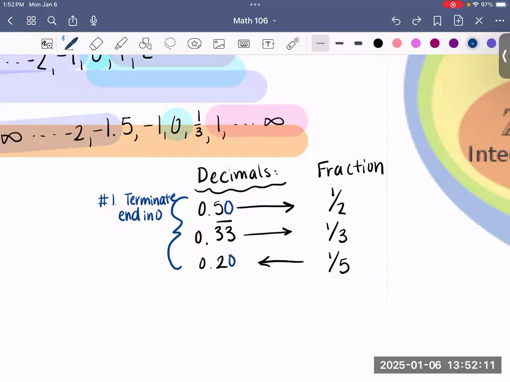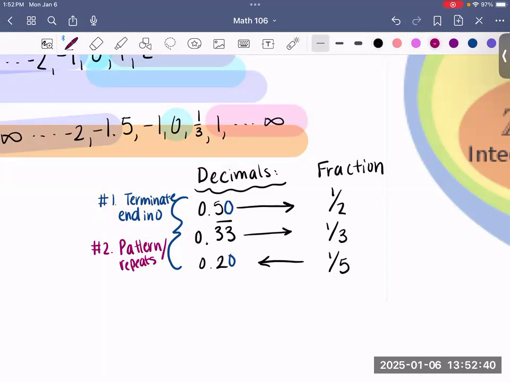So if it terminates in a 0, that is one of your rational values. Another is that if there's a pattern, or if it repeats. So notice that you have 0.33 repeating.